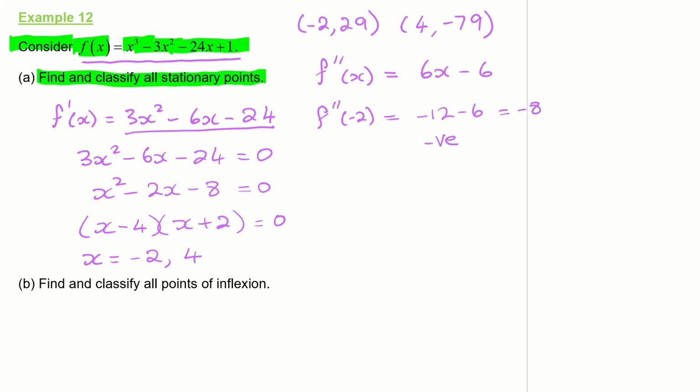The negative implies that we have a maximum. And f double dashed of 4 would be 24 take away 6, is 18. That's positive 18 there. And then the positive implies that we have a minimum.